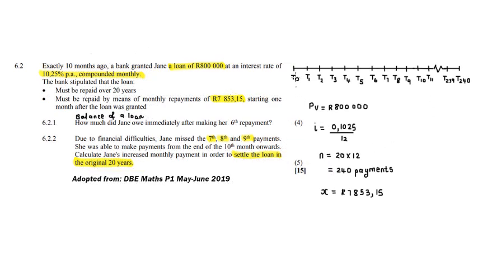If we quickly draw up a number line to visualize what is happening with Jane's situation, here at T0 is the start of the first month, when she got the loan. At the end of the first month, T1, she made her deposit, which is to repay this loan.